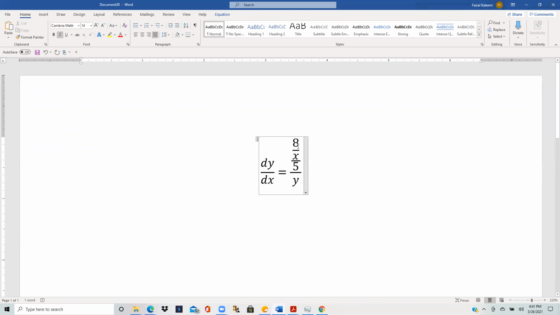So let's increase the font. So that ends up being 8y over 5x.